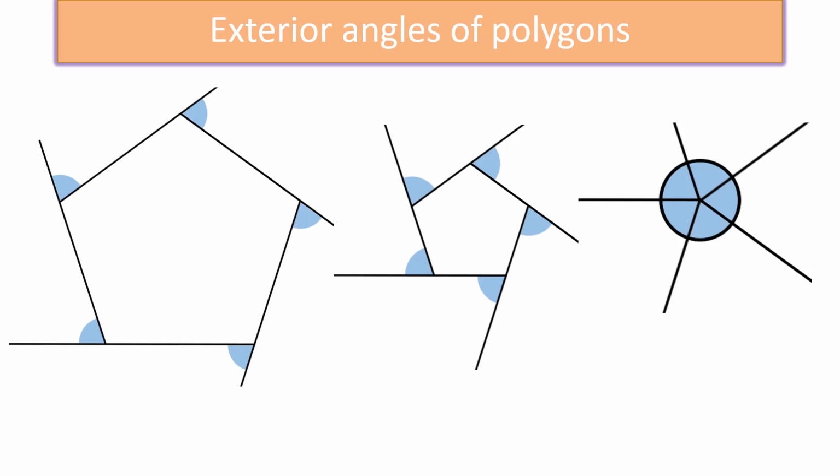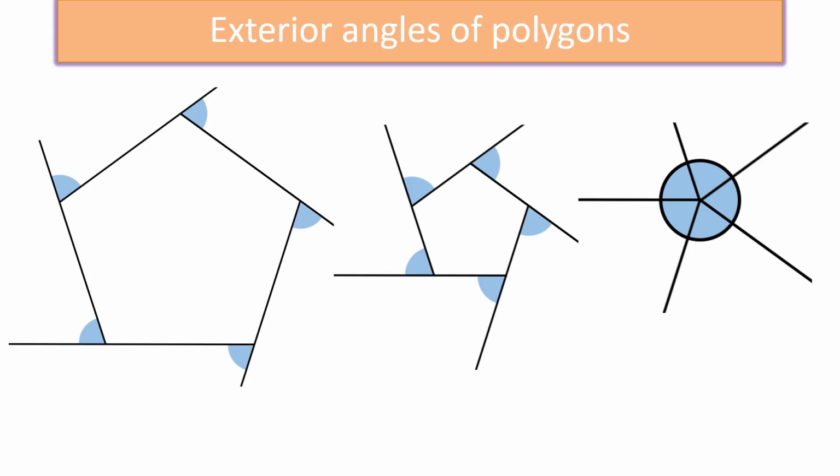That just shows you that all the exterior angles of any polygon add up to 360 degrees. Now, the size of those angles stays the same even when the shape gets smaller, so it doesn't matter whether the polygon is big or small.